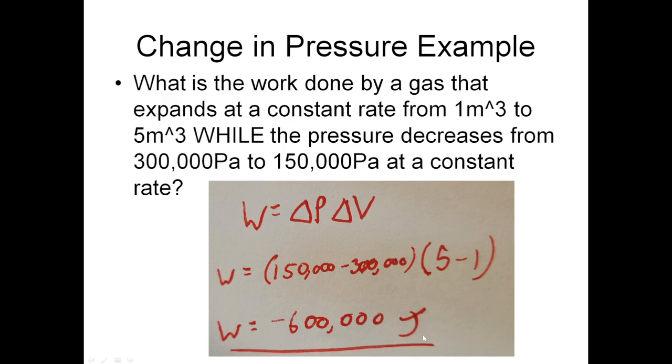So, liters times atmospheres creates liter atmospheres. Meters cubed times pascals creates joules. So, the unit you get out from this formula will depend on the units you put into it, and different questions will probably give you different units. It's something that you're going to have to watch out for.